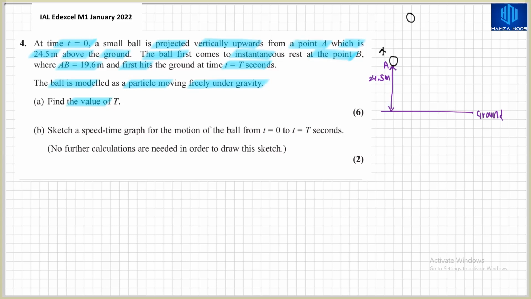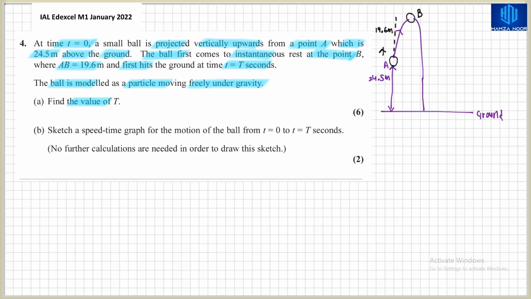Obviously, when the ball reaches the highest point, the velocity becomes zero and the ball changes direction of motion. So at this point B, the ball comes to an instantaneous rest. And as we know, the distance between A and B is 19.6 meters. So the ball will go from point A to point B, and then return to the ground.